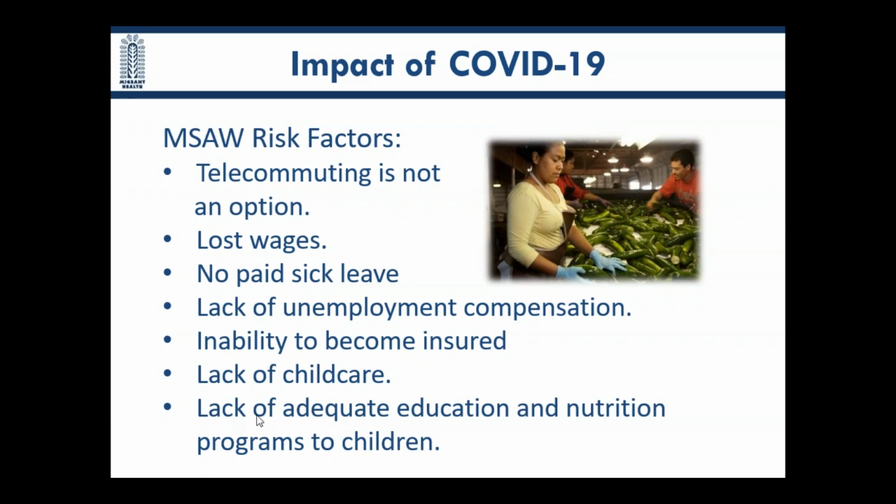Some of the other things that we've noted thus far is that with a number of school closures, this population may not have adequate childcare or access to adequate education and nutrition programs for the children of agricultural workers.